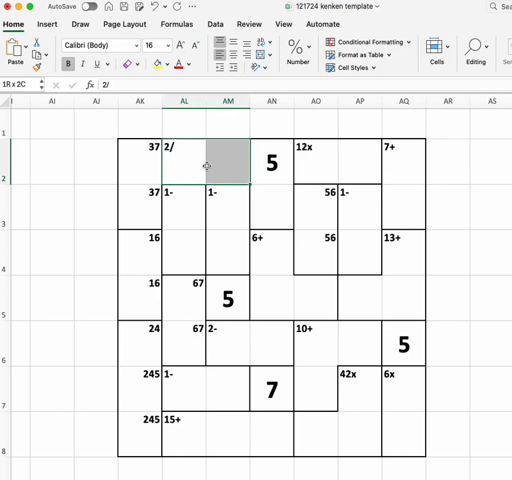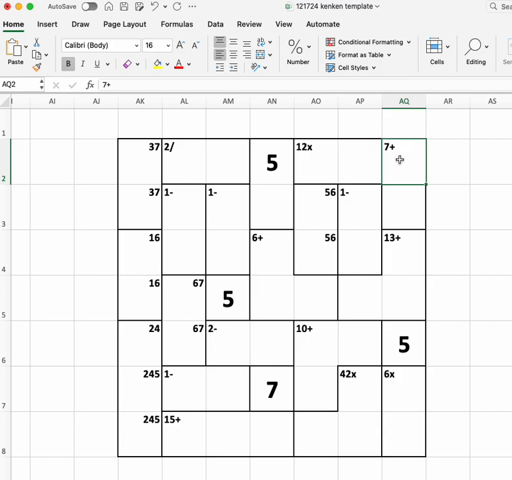This is 1, 2, 2, 4, 6, 3, or 6, 3. This is 6, 2, or 3, 4. Pretty much anything but a 5 can go in there.